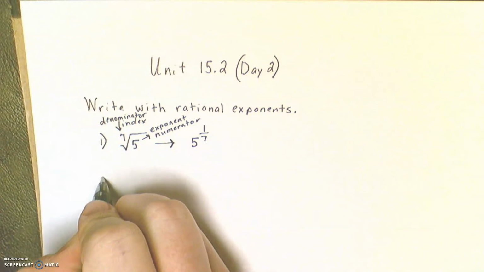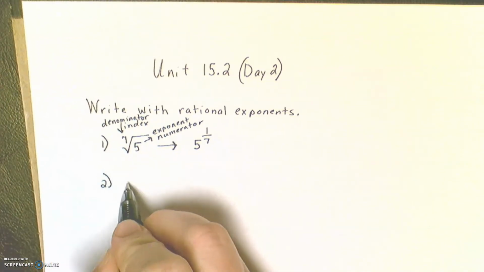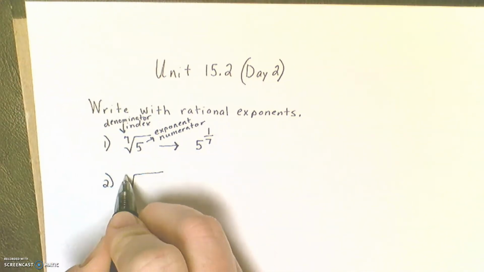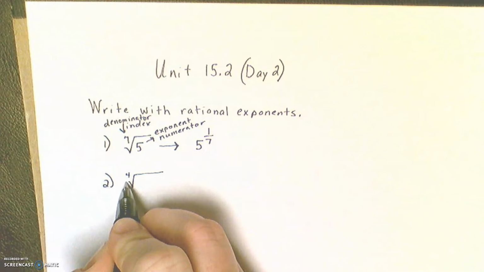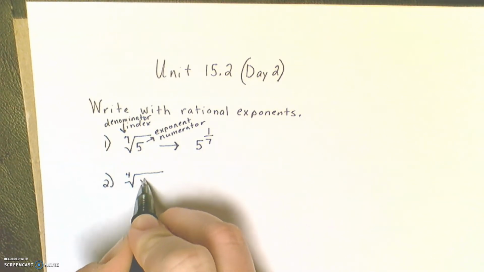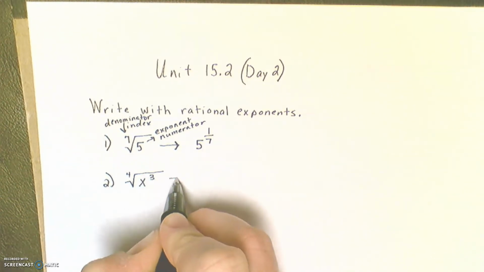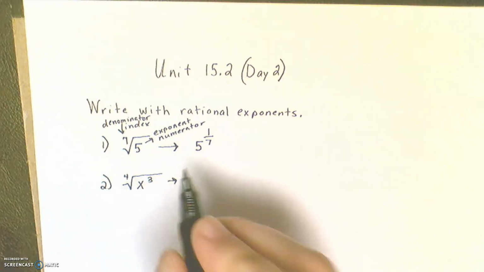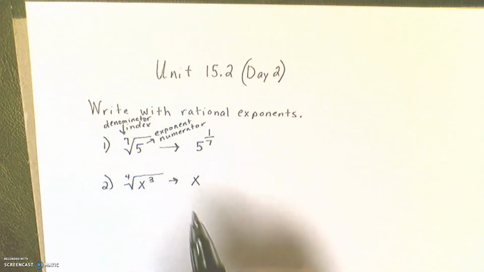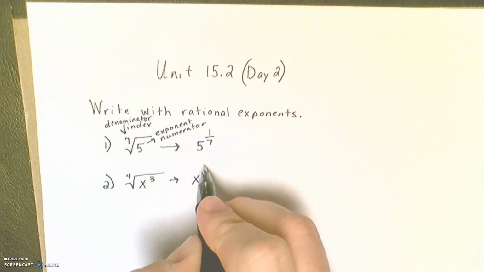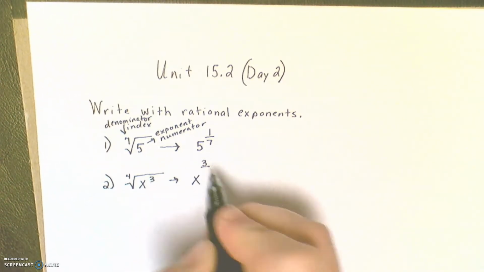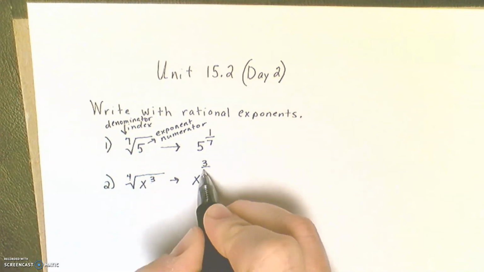Let's do another one, number 2. Index is 4. Radicand x cubed. Base, exponent is the numerator, index is the denominator.